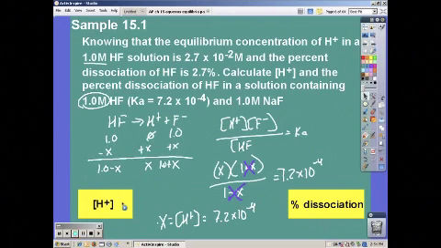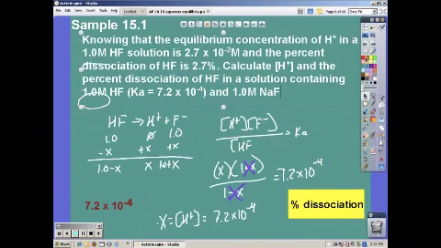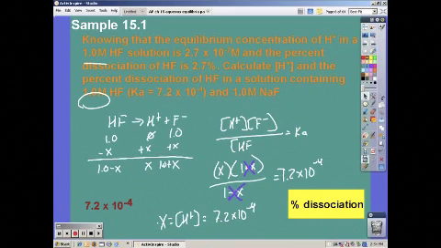We can calculate the percent dissociation. Remember, the equation for that is our concentration of H over original concentration.